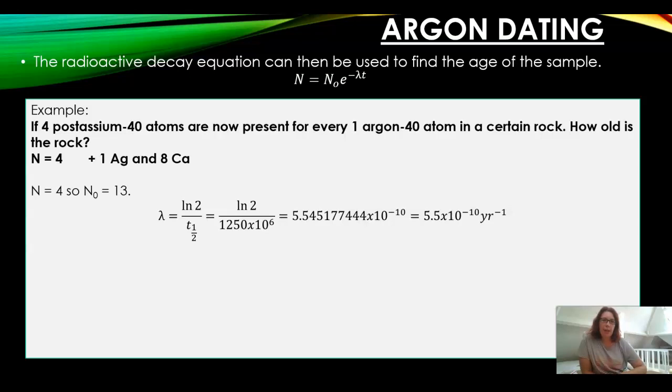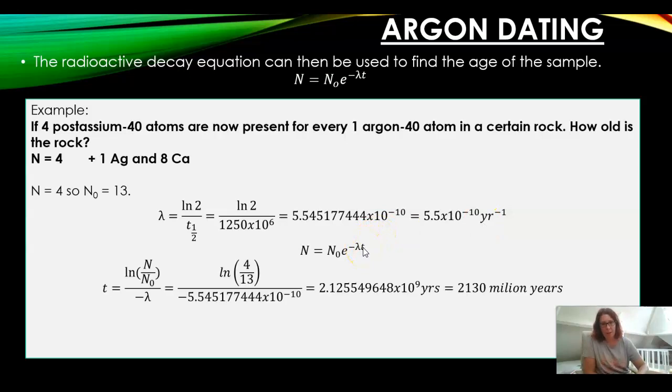We want to find the age, so we need lambda. So we're going to use our T half here. I've left this as years, so you can see it's different to the carbon-14 one. Natural log 2 divided by T half gives me 5.5 times 10 to the minus 10 per year. Substitute into here.